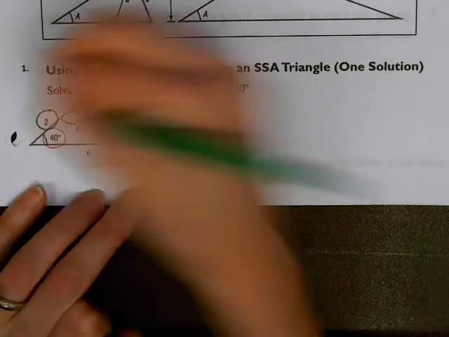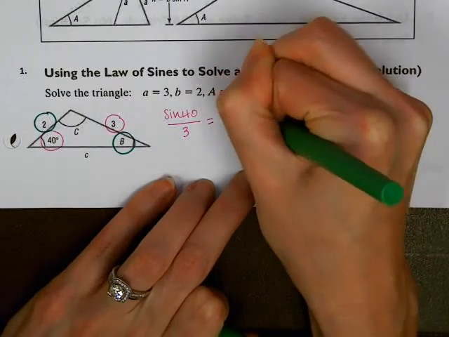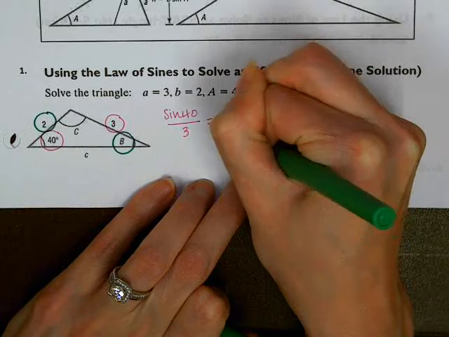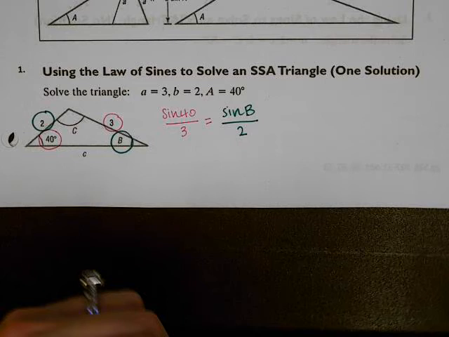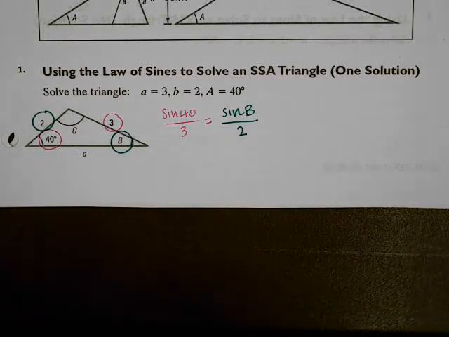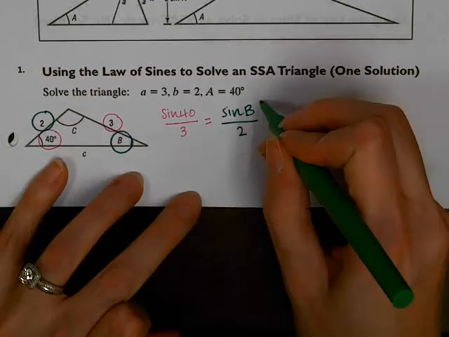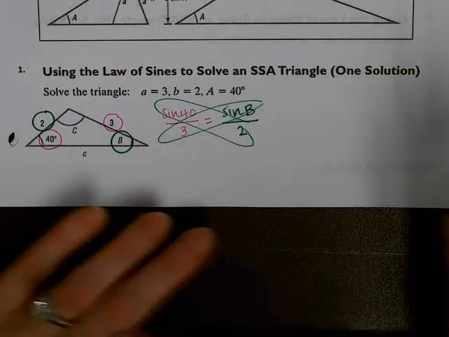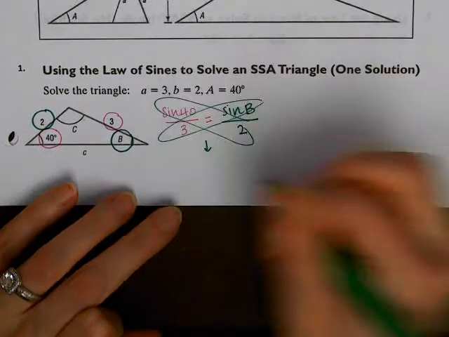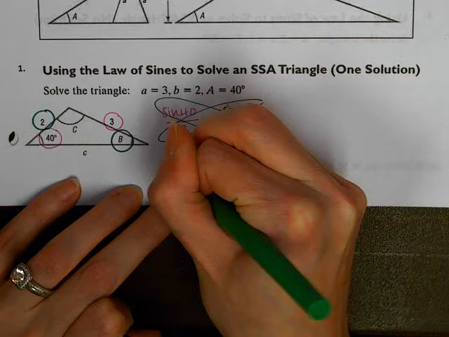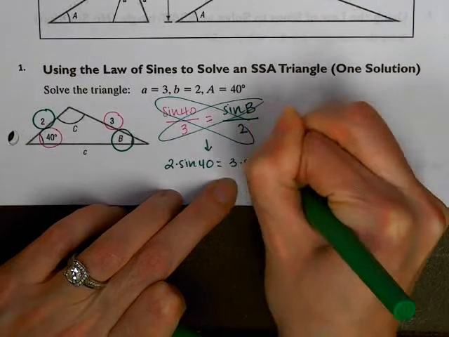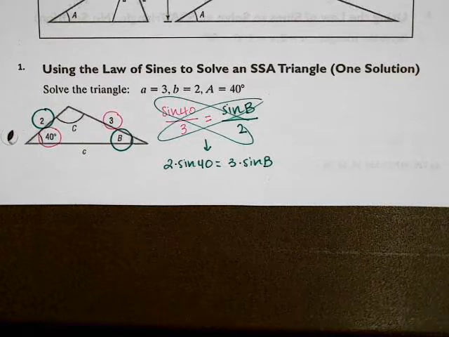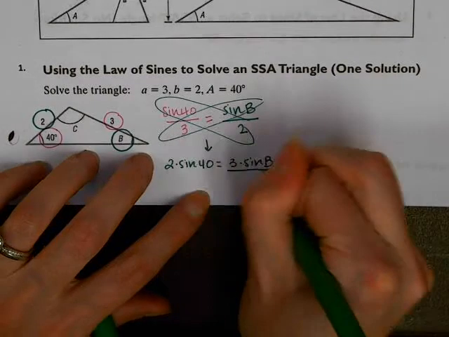So let's just set up law of sines here. Sine of angle B over side B, which is 2. And then we're going to cross multiply and try to find angle B. All right, so if you cross multiply, it's going to be 2 times sine of 40 equals 3 times sine of B. And then to get sine of B alone, you would just divide both sides by 3.